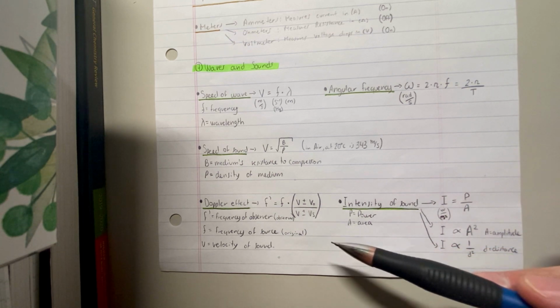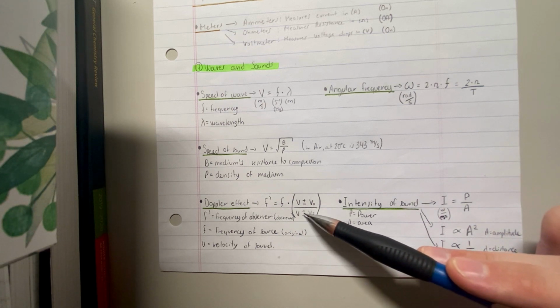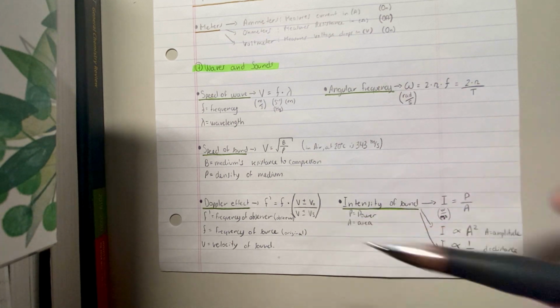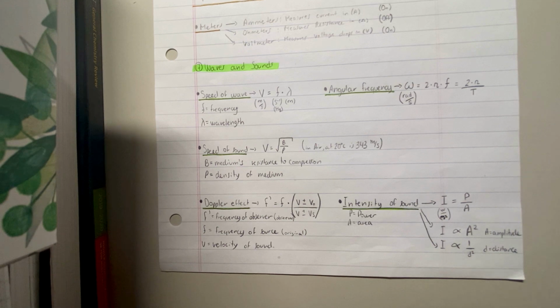That is why, if the source is moving towards the observer, we do not add the velocity of the source like we did with the velocity of the observer, but we subtract it, because a smaller denominator is going to give us a larger fraction, which is going to give us, at the end, a larger observed frequency.